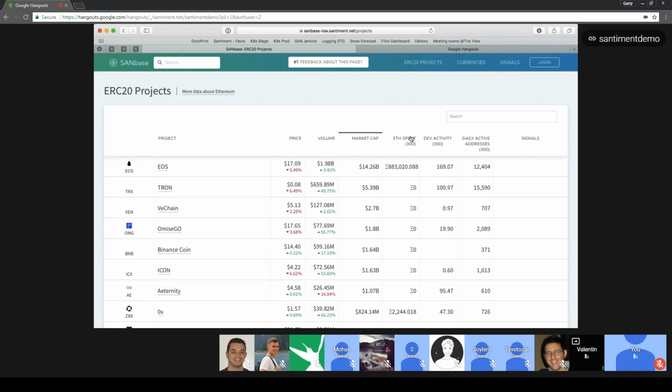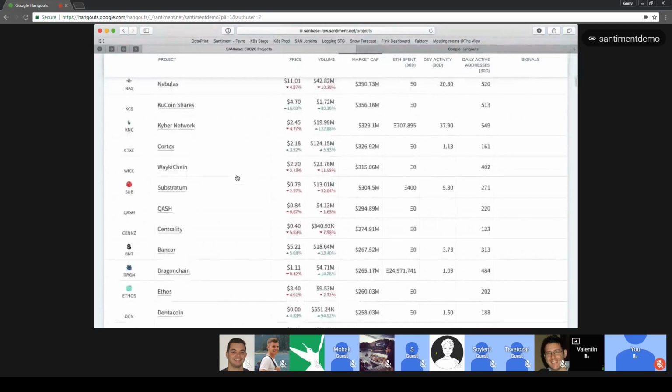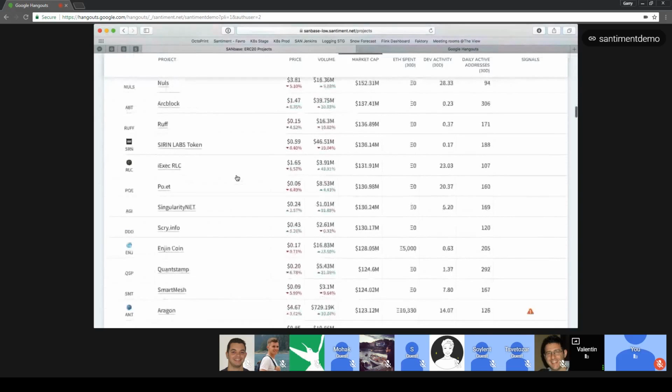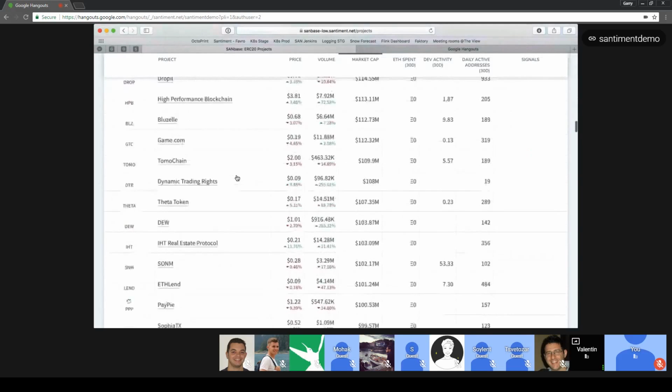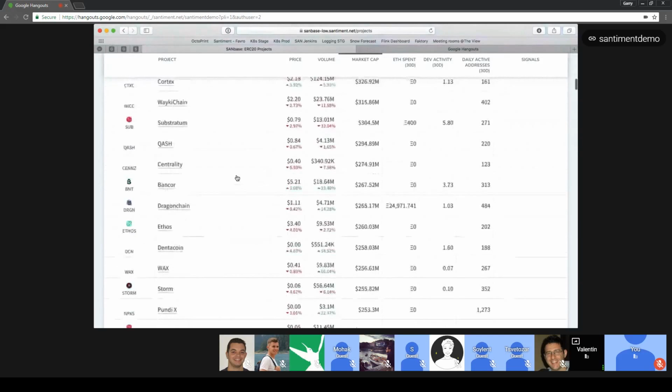Here you can see we split the projects into two buckets. One is the ERC20 tokens. These are all based on the Ethereum blockchain, different ICOs that were done there. We have quite a bit of them, I think over maybe 300, and we're trying to update this database every day with new tokens.